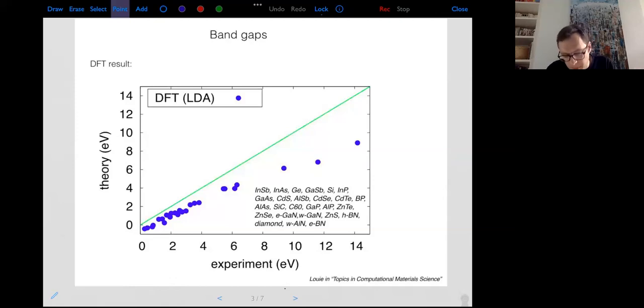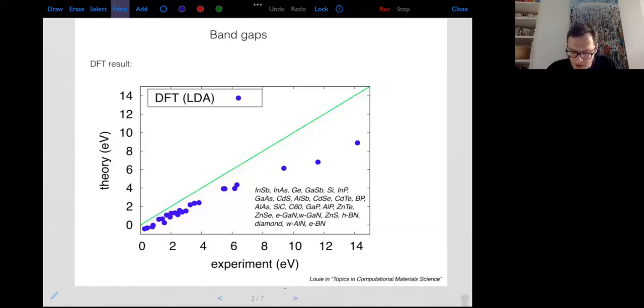So there is a problem, and of course the reason why we're interested in band gaps is, for example, when we're studying optical properties of materials. So let's say you want to study a material for a new type of solar cell, then the band gap tells you the energy at which the material can absorb photons, which of course is important for a solar cell.